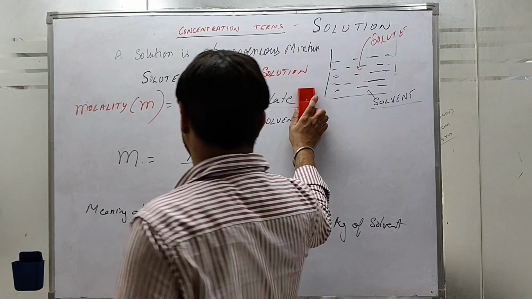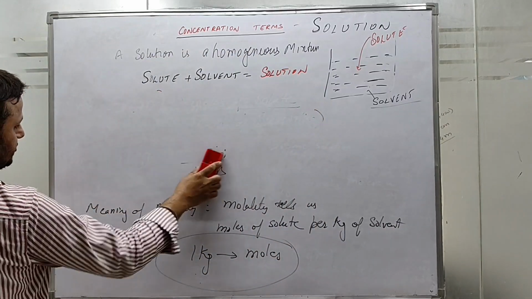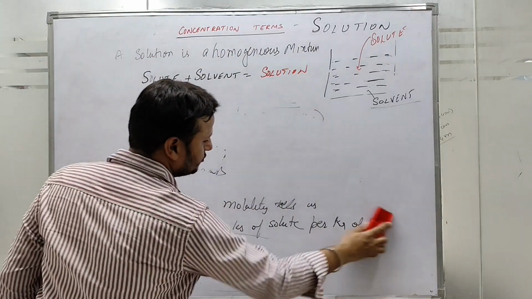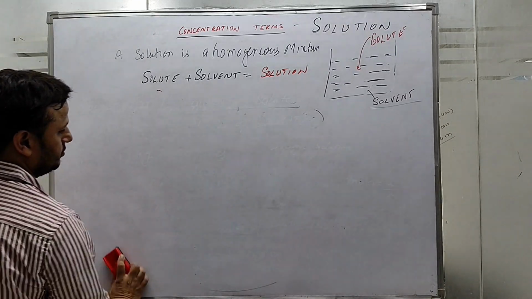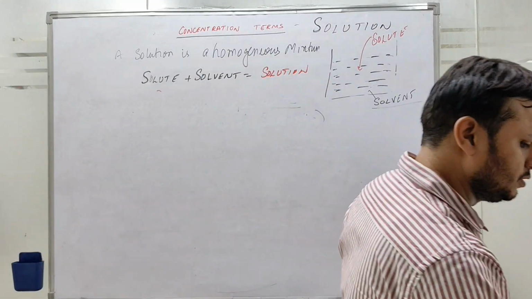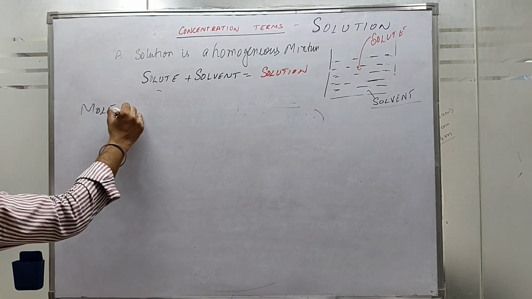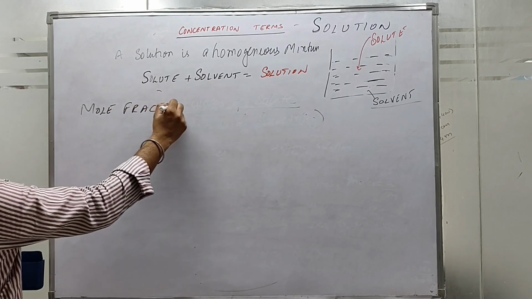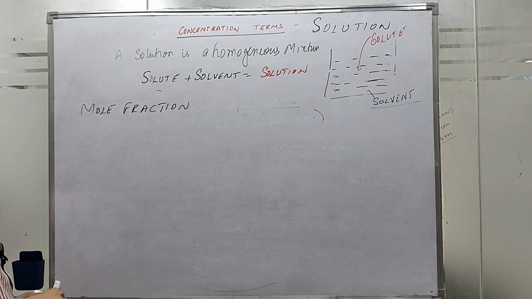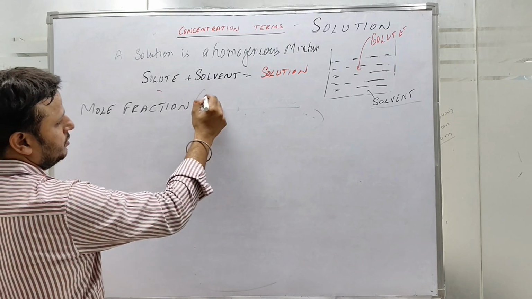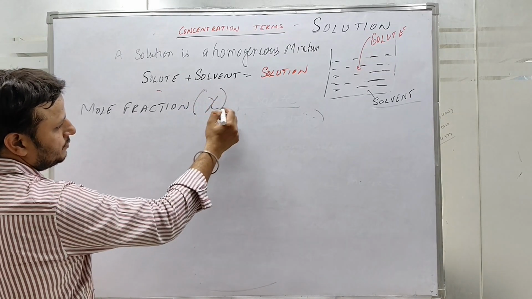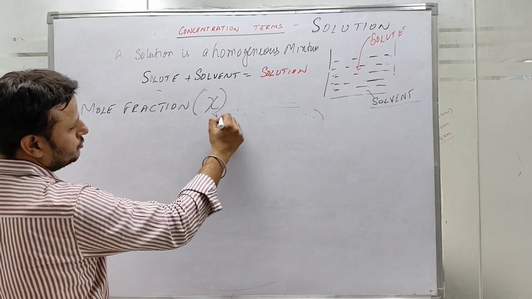And then the third term is mole fraction. Mole fraction is denoted by X, or it is also known as chi.